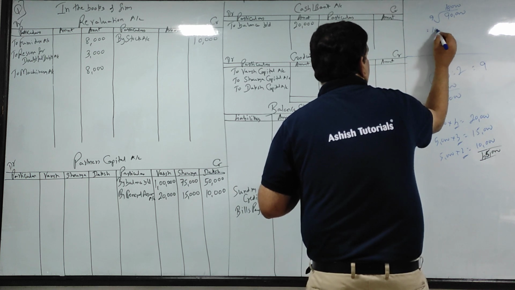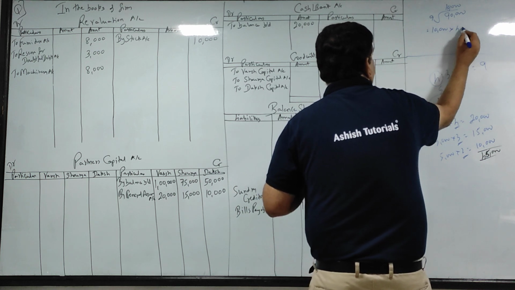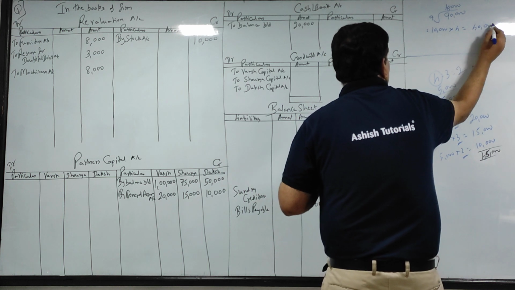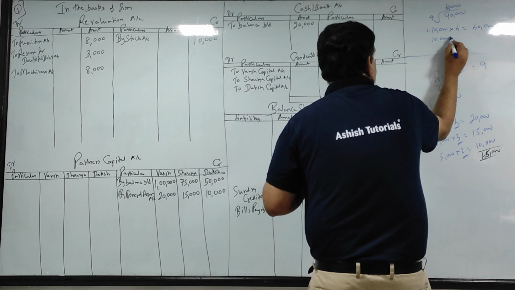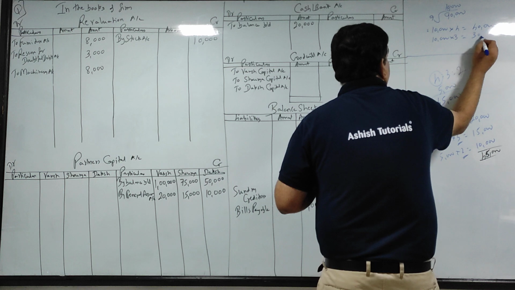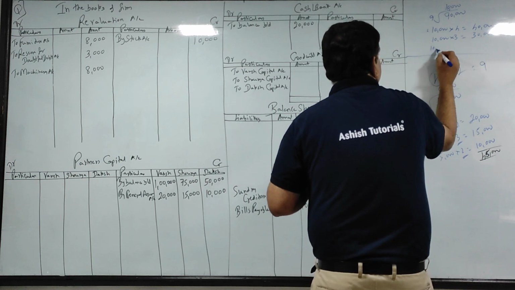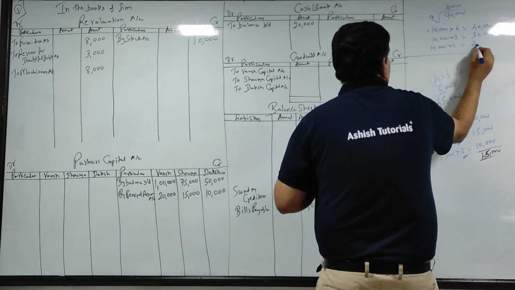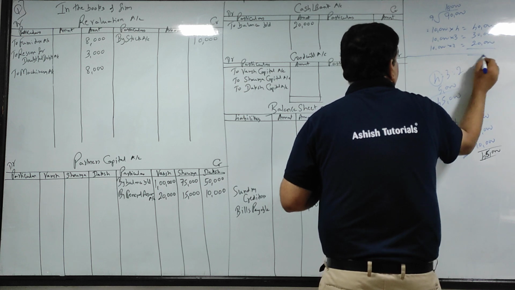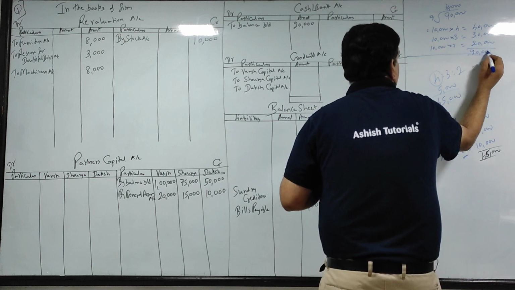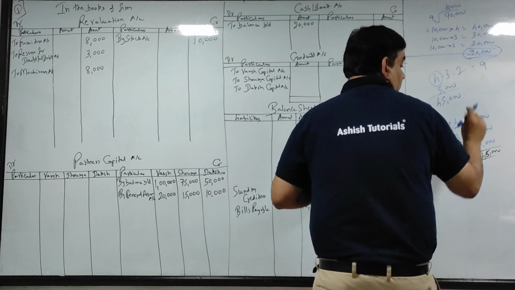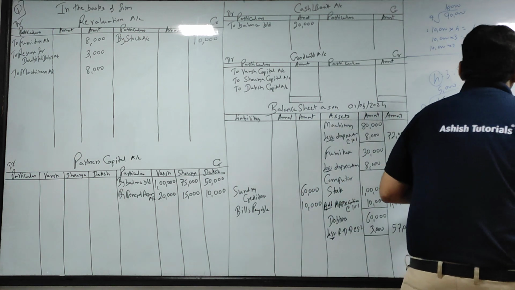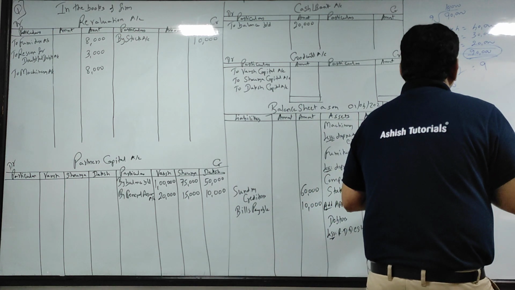So first partner will be 10 into 4, that is 40. Second will be 10 into 3, that is 30. And the last wala will be 10 into 2, that is 20. So my total goodwill will be 90,000. Got it? I'll repeat.